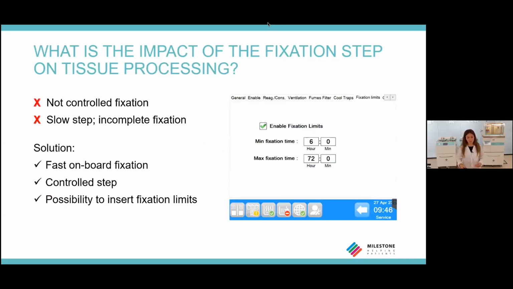So what we do in our tissue processor, trying to improve this step, is to have a fast fixation that ensures the proper finalization of the step in good time. The other advantage is that this phase is controlled, and it's also possible to insert fixation limits for those laboratories that follow specific guidelines such as the CAP ones.